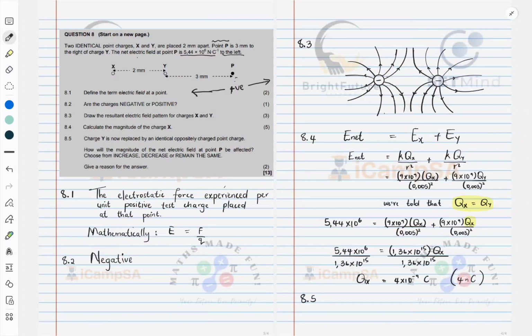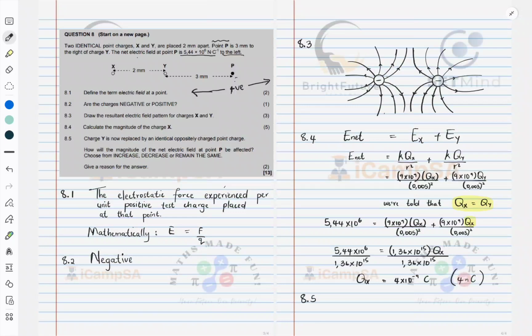So if charge y was negative, which it was, it is now replaced by a positive charge. So now they have the same magnitude but opposite signs. They are somewhat still identical, but now the signs are not the same. And we are being asked, how will the magnitude of the net electric field at point P be affected? Increase, decrease, or remain the same?